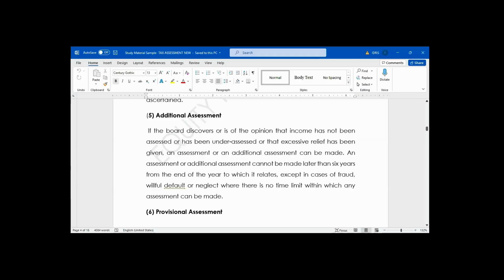This additional assessment is an assessment raised by the tax authority on the taxpayer arising from tax audit and investigation.